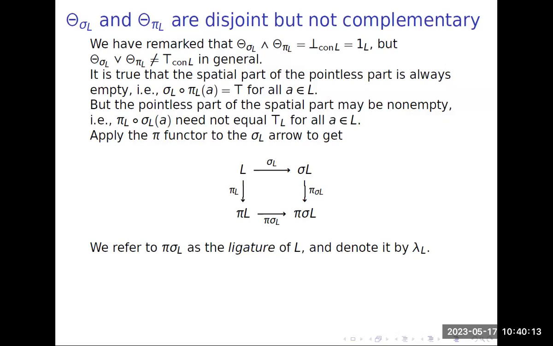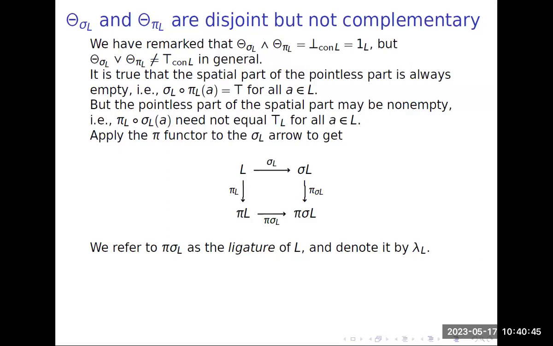There's a good reason for that, and that is if you take the spatial arrow out of the frame, that's the sigma arrow, from L to sigma L, you can apply the pointless functor to that arrow and drop it down to the pointless parts, both of the original frame and of the spatial part. And in typical situations, the bottom arrow will not be trivial. Right?